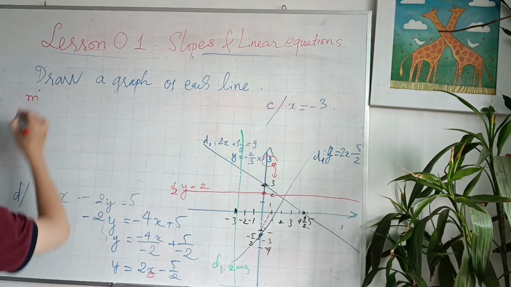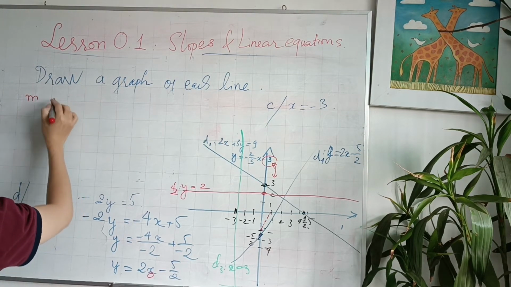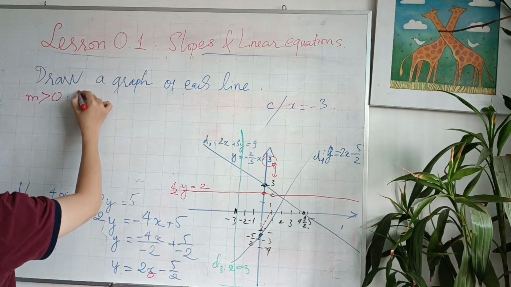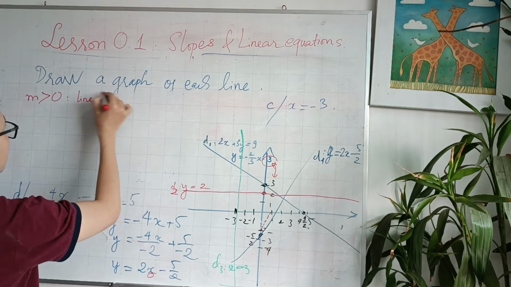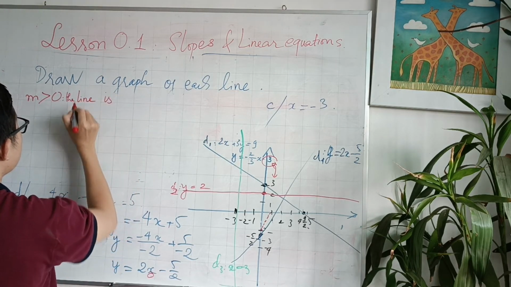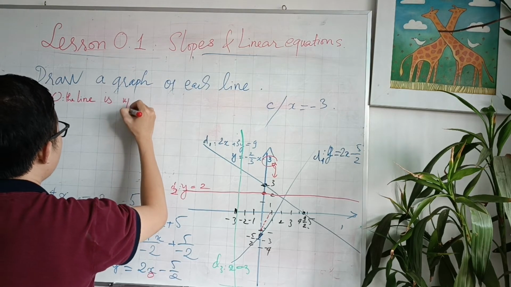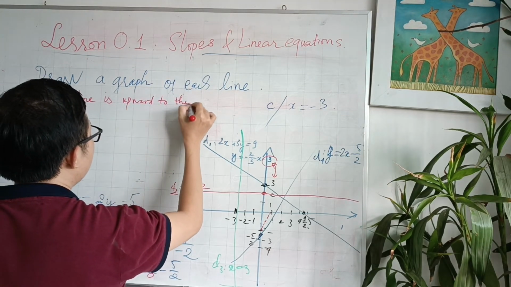When slope m is positive, the line is upward to the right.